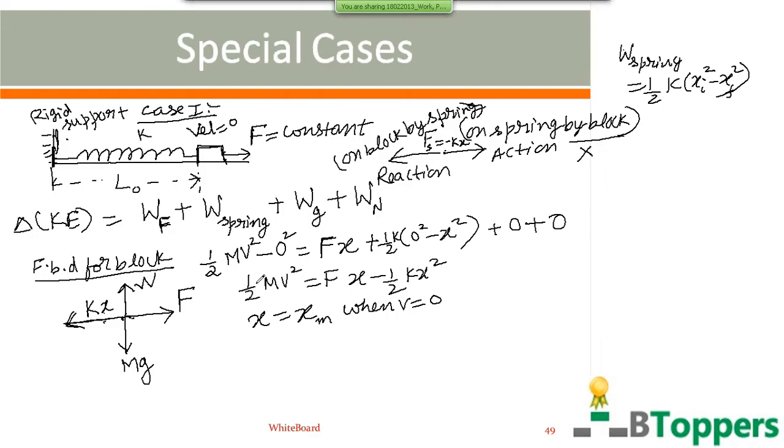So substituting these values in this equation, on the left side you can put v equal to 0. Then x equal to xm on the right side. So you can write half k xm square equal to F into xm.